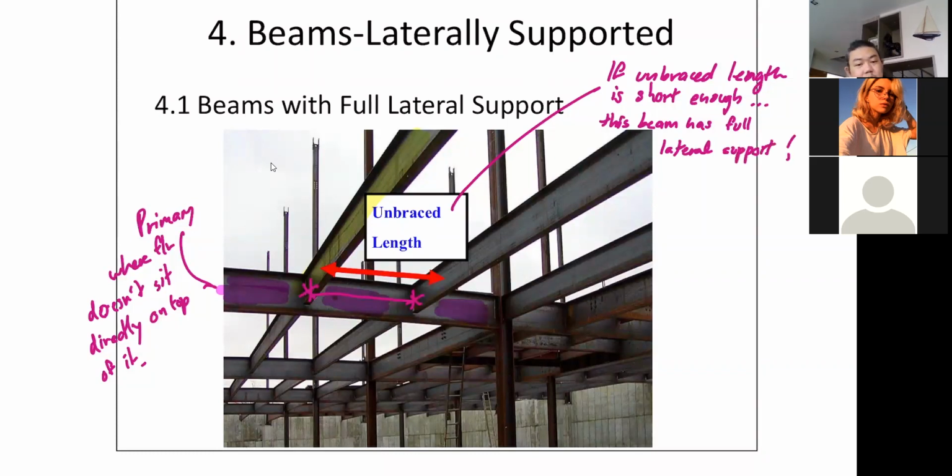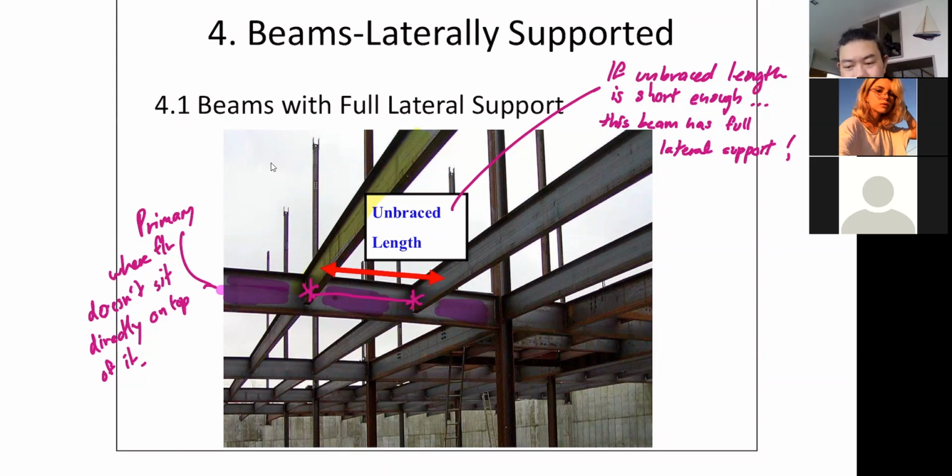So when you have the floor or something like that directly on top of your beam, you can say that your beam is fully laterally supported. Or when your beam still has something to come in and brace it, and the unbraced length is short enough, as we can verify in the future, we can also say that our beam has full lateral support.